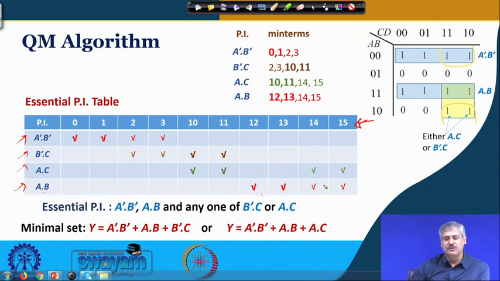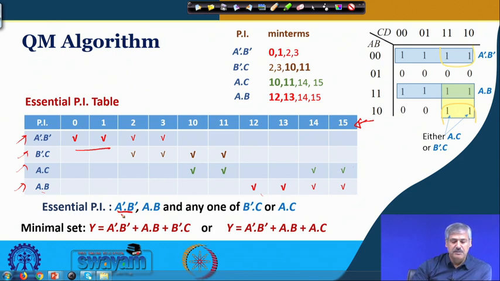Is it fine? So, this is the way we get the essential prime implicant table. These corresponding tick marks are there. Now, when we look at this table, A prime B prime is an essential prime implicant.